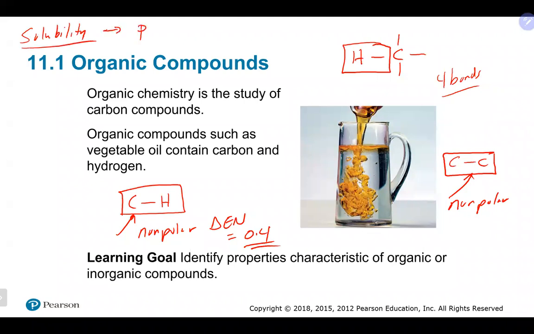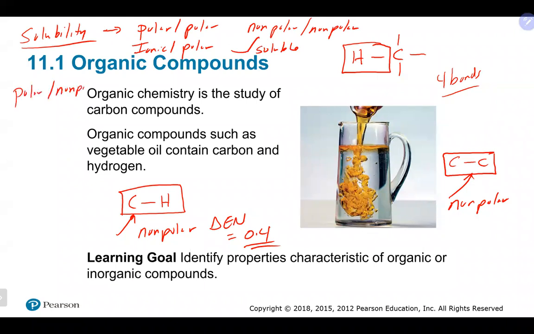So things that are polar and polar are soluble in each other. Things that are ionic and polar are soluble in each other. Things that are nonpolar and nonpolar are also soluble in each other. Again, if you cross over and do a little polar, nonpolar action, that's going to be things that are insoluble in each other.